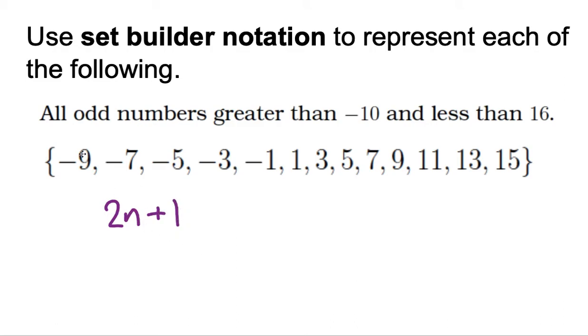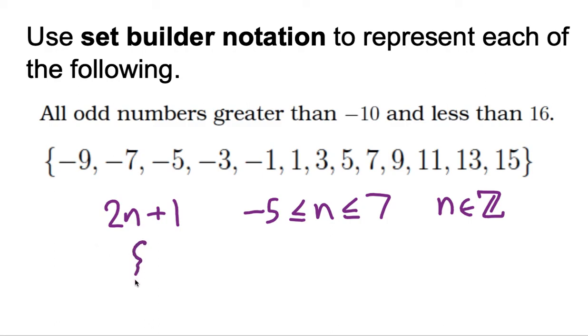All right, now to get the -9, we would use a -5 for the n, right? To get the 15, we would use a 7 for the n. So we're using values of n that are greater than or equal to, in this case we said -5, and less than or equal to 7. But we have to go a step further and say, but those n values have to be integers. And now we're ready to write our set builder notation.